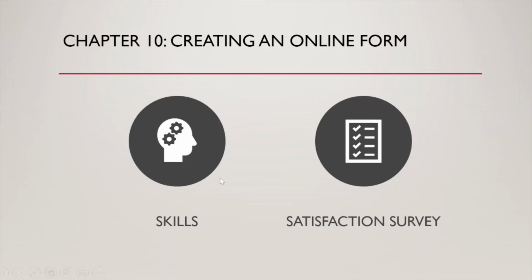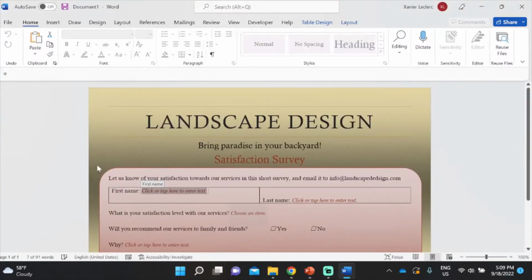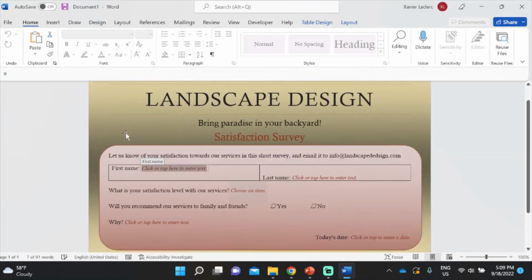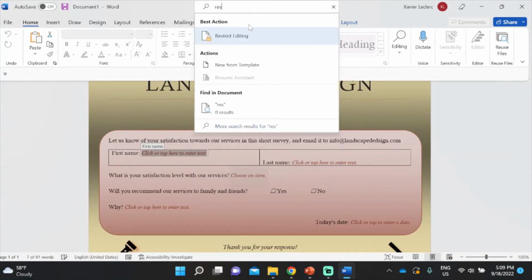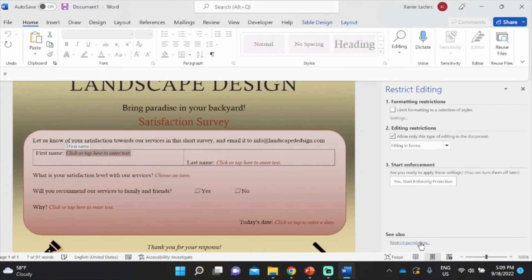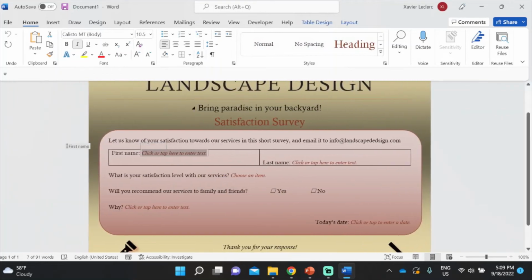So we used these different skills to create a satisfaction survey in our company. Here it is, landscape design, bring paradise in your backyard, satisfaction survey. As you can see, we cannot edit anything on this form because it was restricted, but we could simply search restrict editing and then stop protection since there is no password, and then we can edit it.